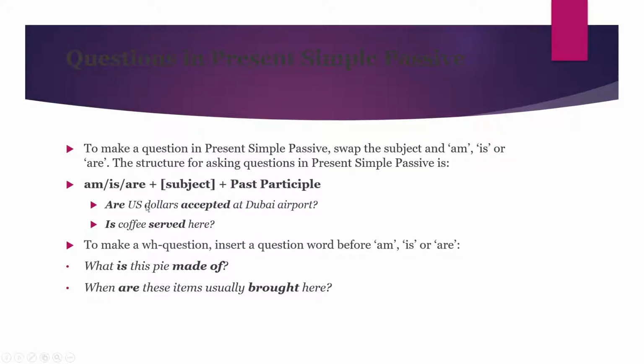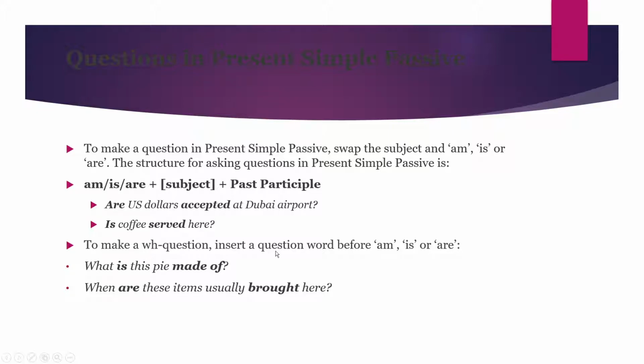Okay? So we're focusing here on the subject of US dollars, and then the object is Dubai airport. Is coffee served here? So is, am, are, then your subject, which in the active form would be the object, served here.